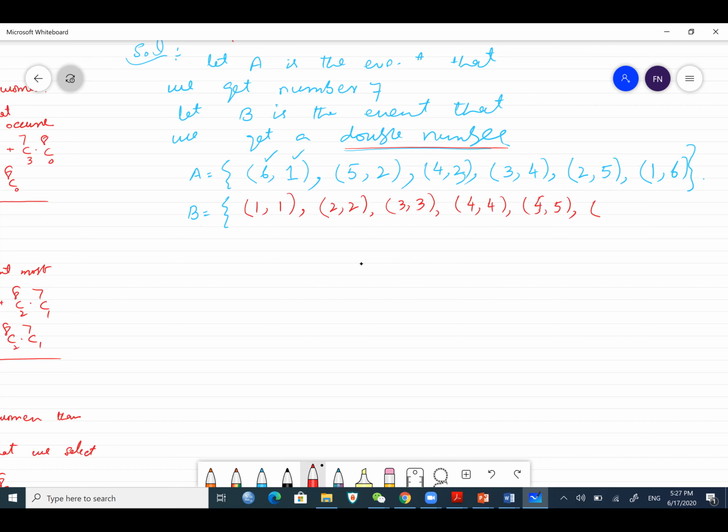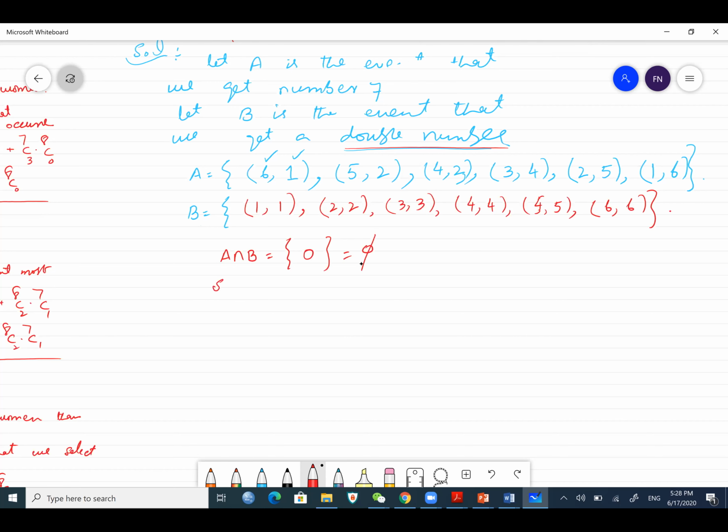Likewise, 6 on the first and 6 on the second. So is there any point in common between A and B? Is there any common point? It is 0, we can say empty set. There is no point in common between A and B.